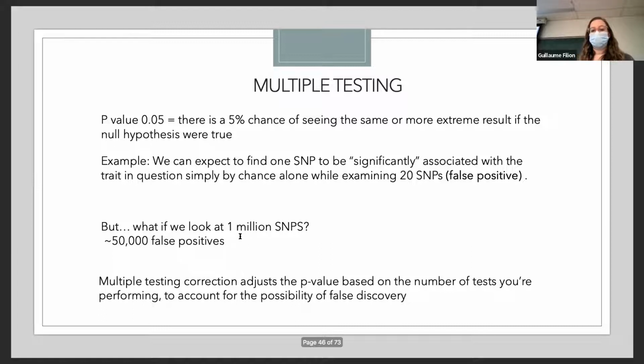Otherwise, in this example, if we test 1 million SNPs, we'd get 50,000 false positives. We don't want to publish a paper saying there's 50,000 significant sites, that this trait is so complex, when that's not true. It's just based on the chance of a test.